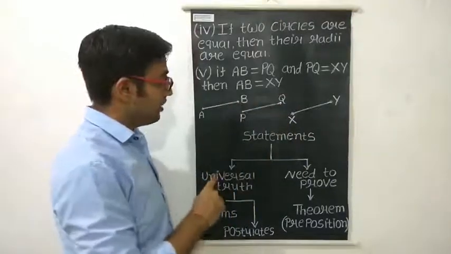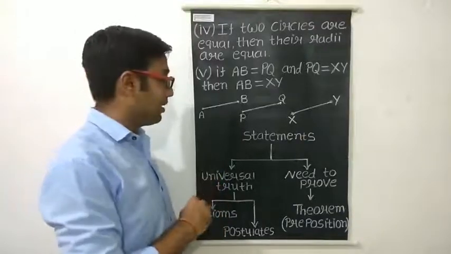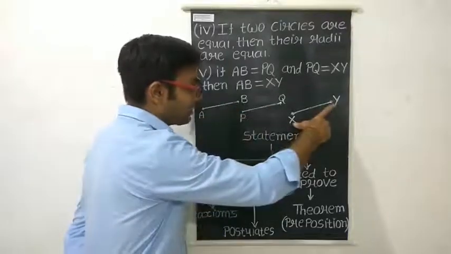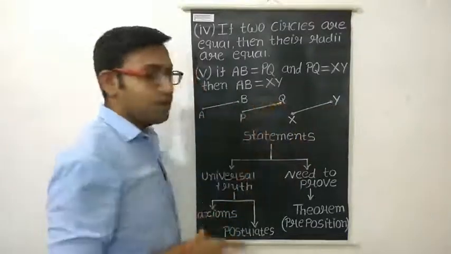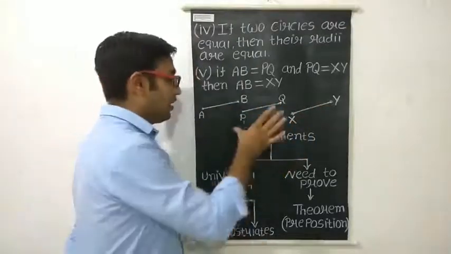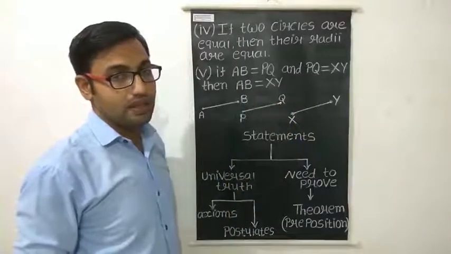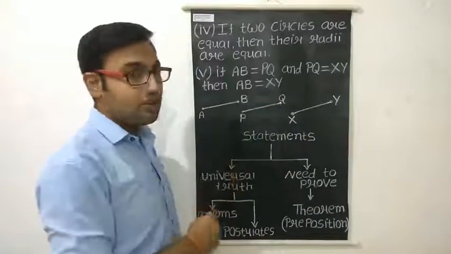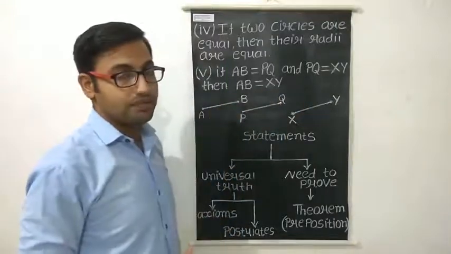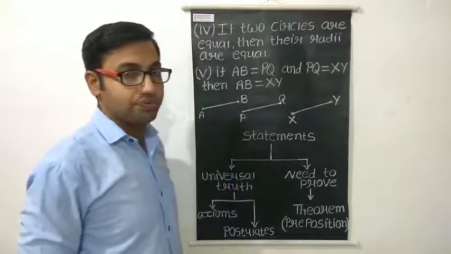So in this statement, we have to use this axiom for line segments. If line segment AB is equal to PQ and line segment XY is also equal to PQ, then both line segments AB and XY are equal. Things which are equal to the same thing are equal to one another. Right? So this statement is also true.